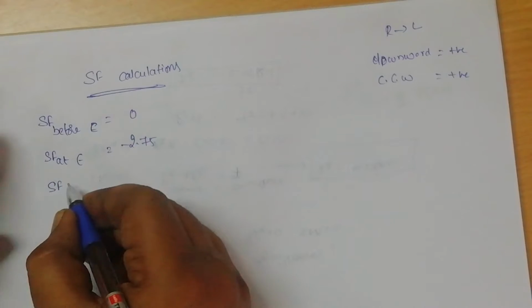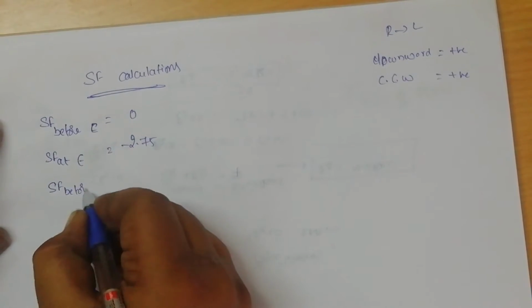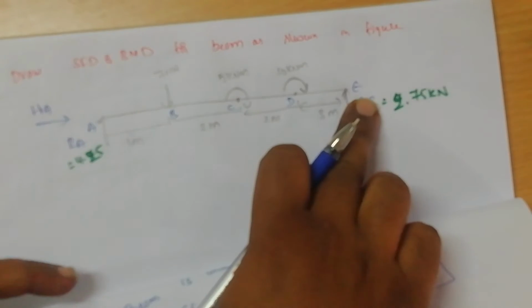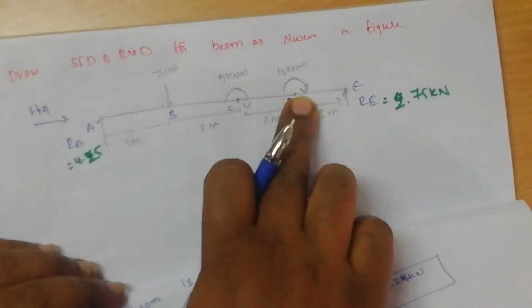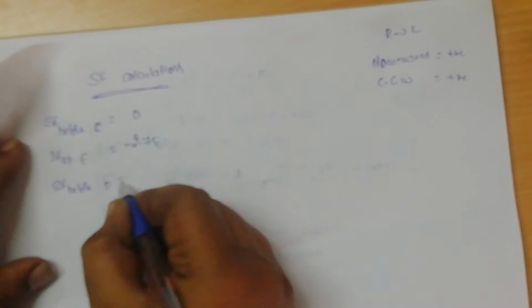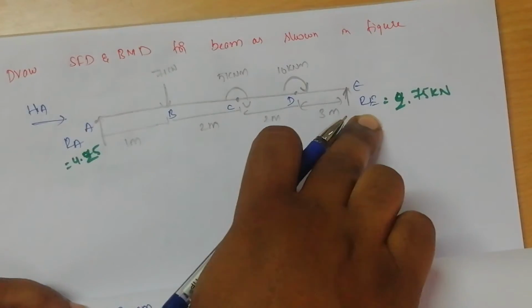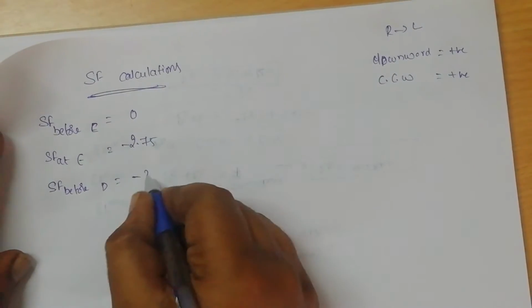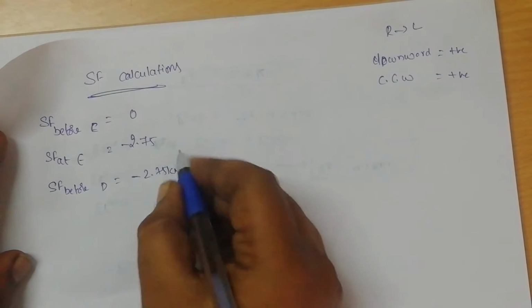Next is the shear force before point E is completed; next we have point D. Shear force before point D is equal to, we have only RE before E, that is the same value, minus 2.75 kilonewton.